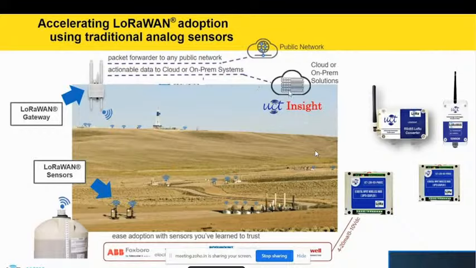From here, we can utilize LoRaWAN converter devices or LoRaWAN end nodes, which can take data to a LoRaWAN gateway. Then this LoRaWAN gateway can send data to a public network if we want to send data on public, and it can also send the data to our cloud or premises network, where we can run any of the applications, our dashboards, insight applications, and analytics engine, and monitor our industrial plant.